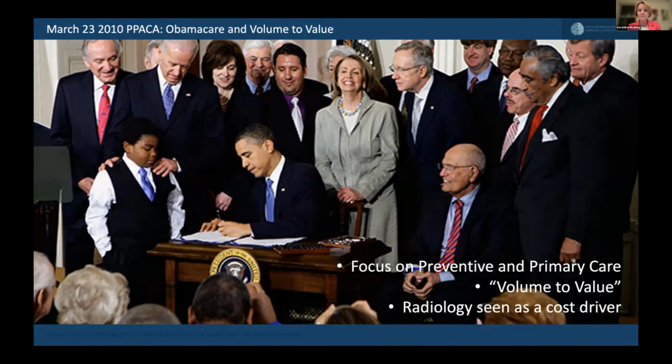We also had to think about how we could use data and information to make it easier for us to deliver value. This had a number of forms. Most importantly, it was our appropriate use criteria. What's the right test to do in what clinical situation, which we took from being in a PDF and not particularly usable to a decision support system embedded in the electronic health record.